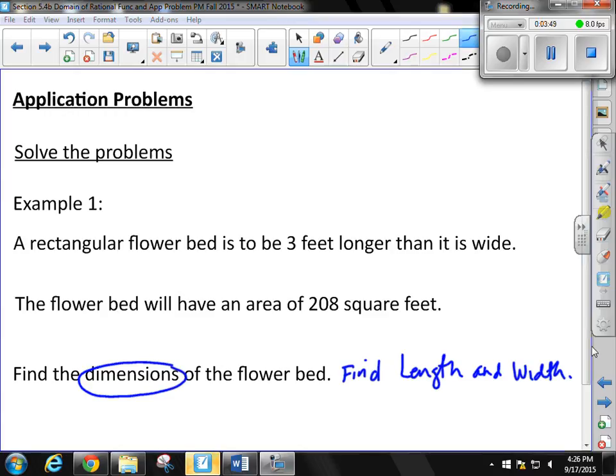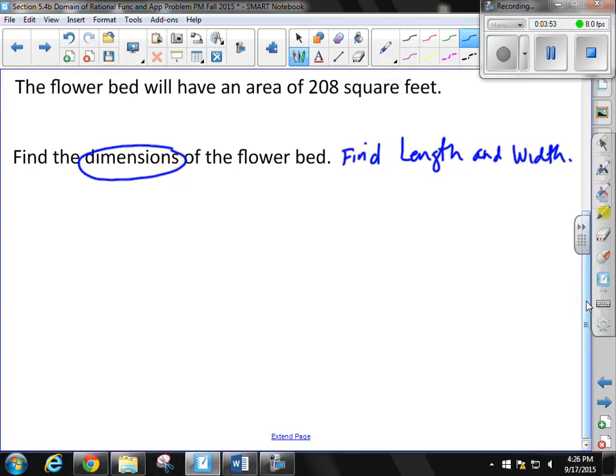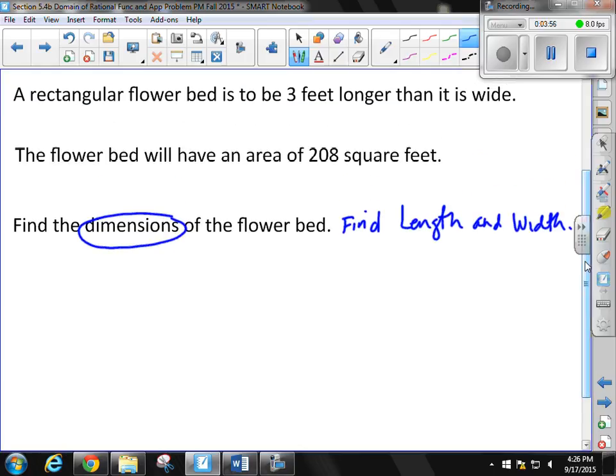So we're going to start our word problems. We always start by translating each sentence that we've been given. So it says a rectangular flower bed is to be 3 feet longer than it is wide. So our length is going to be 3, longer than means plus the width.